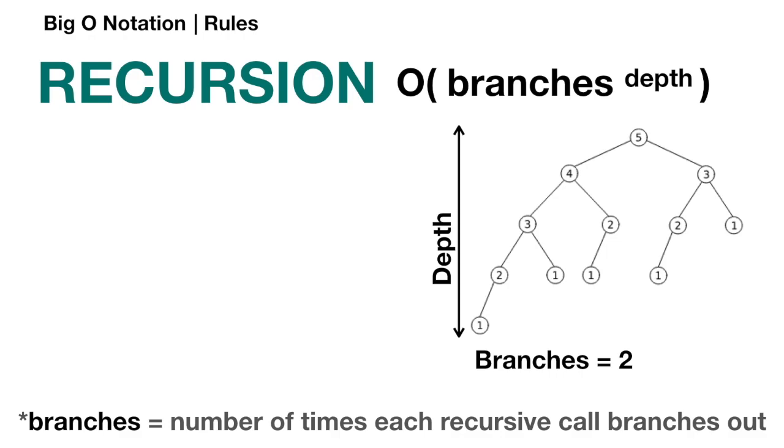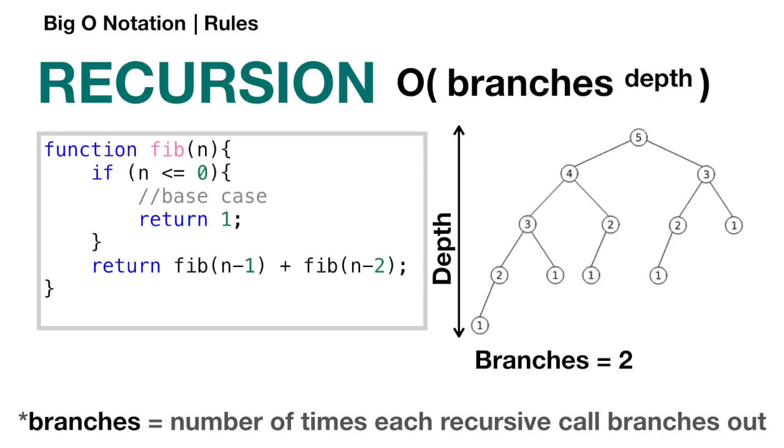The most common way of computing the big O of a recursive function is to visualize it as a tree and determine the depth of the tree and the number of branches on each recursive call. Then we could define it as big O of branches to the power of depth. For example, let's say we have a function that calculates the first n Fibonacci numbers. We could define the complexity of this function by applying a random value.